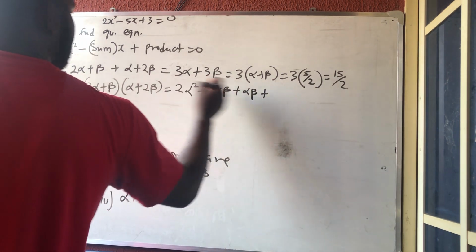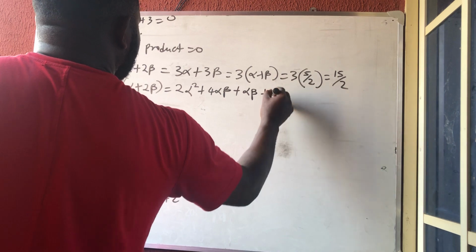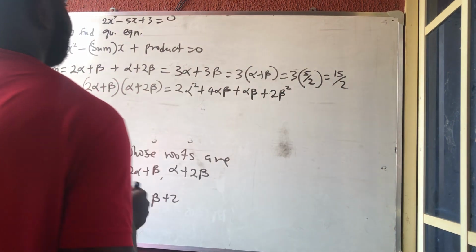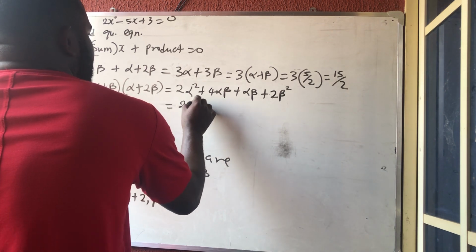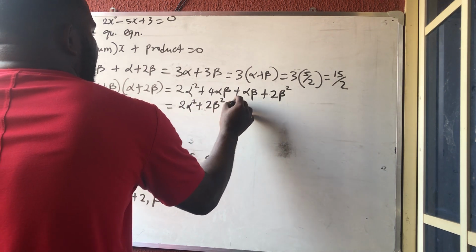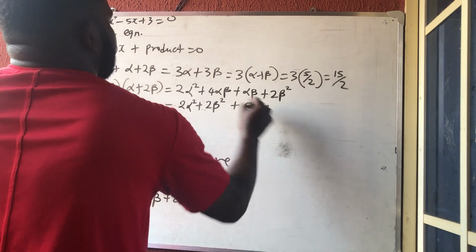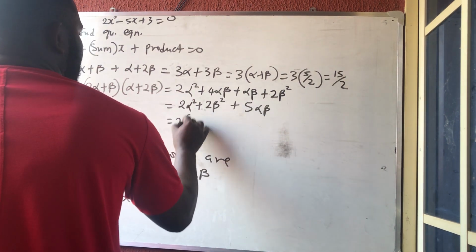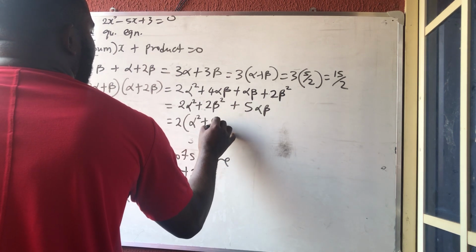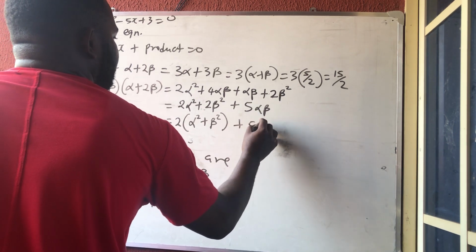Plus this time this will give me 2 beta squared. If I bring them together, I'm having 2 alpha squared plus 2 beta squared plus 5 alpha beta. But 2 is common here, to have 2 into alpha squared plus beta squared, then plus 5 alpha beta.